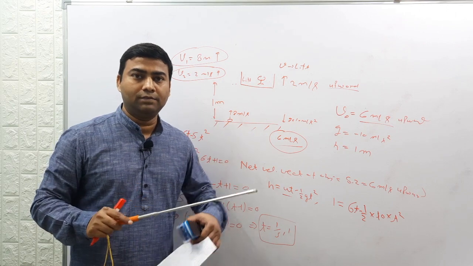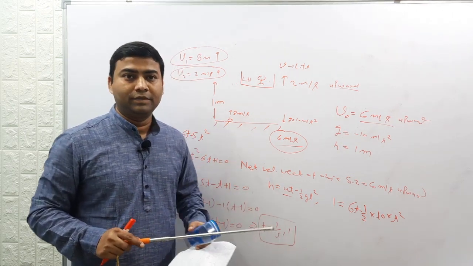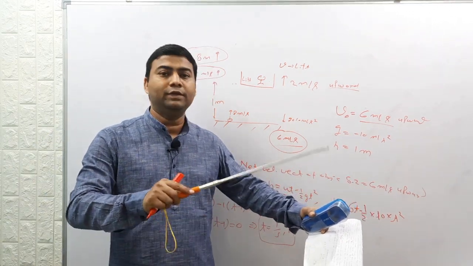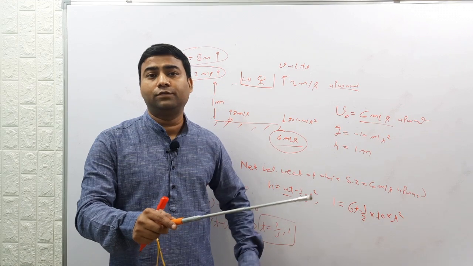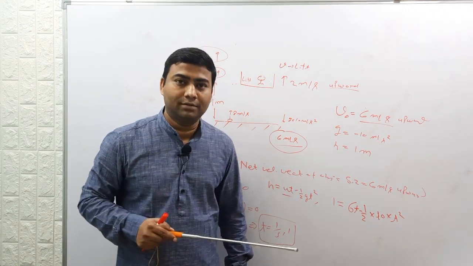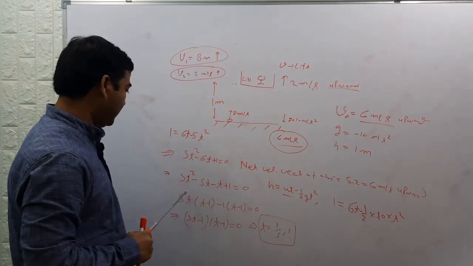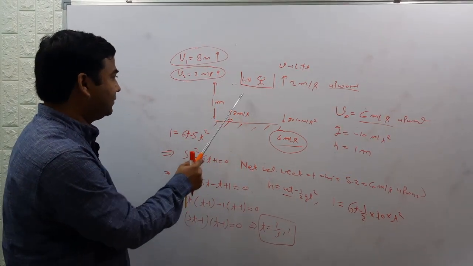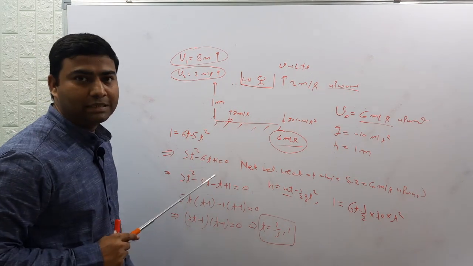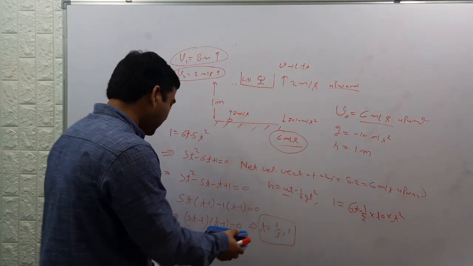When you want to observe the motion of an object from a moving frame, then you sit on the moving frame, and the velocity of the moving frame has to be reduced from the velocity of the object, with vector notation. So we have reduced the velocity, and after reduction the velocity is 6 meters per second. And then I have found the time.